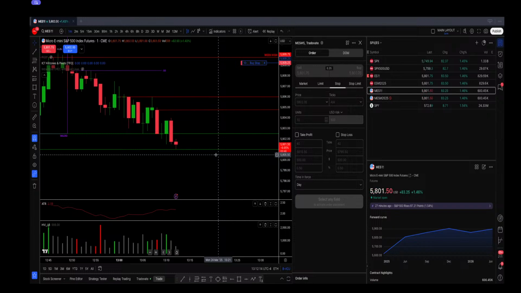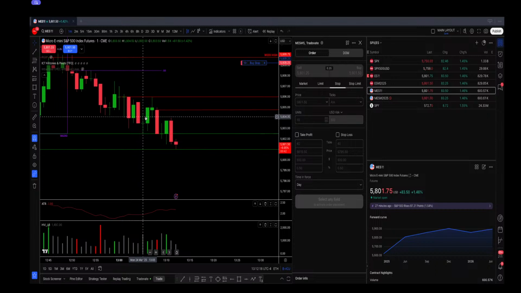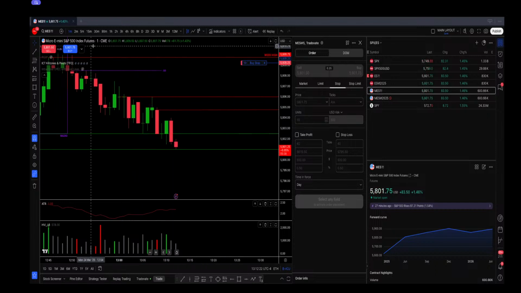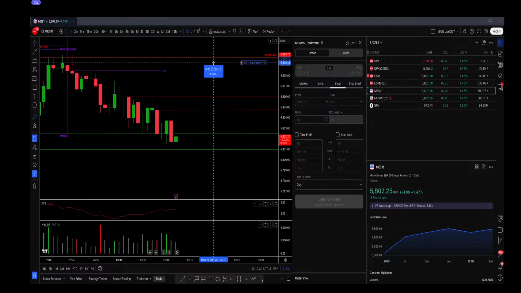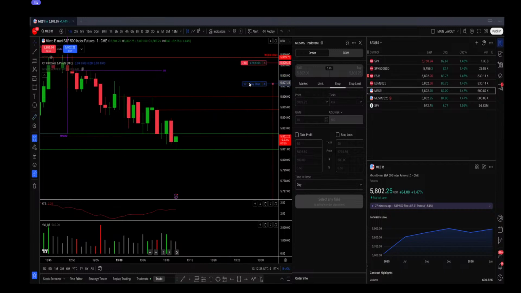No waterfall or anything like that. It's just chugging along downward. $5.07.